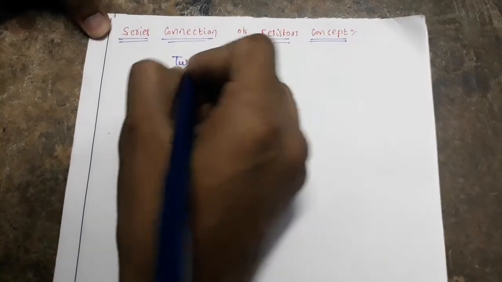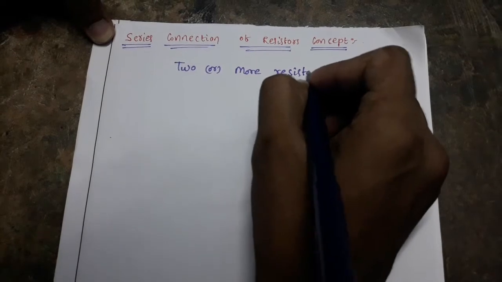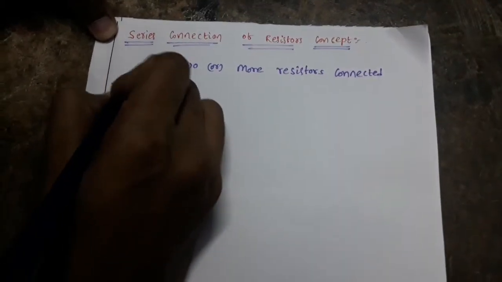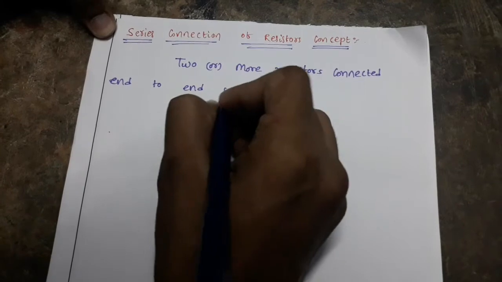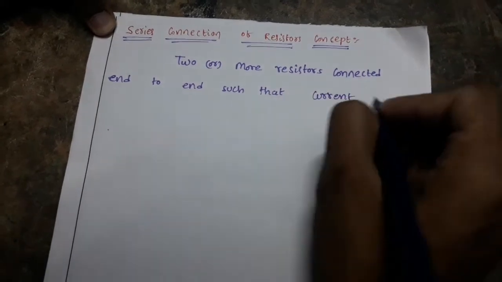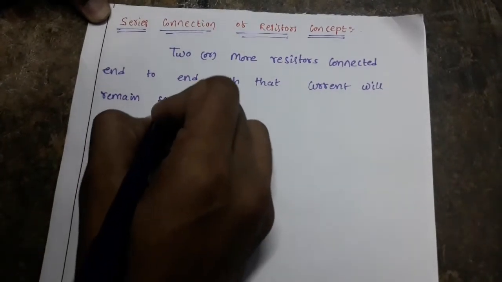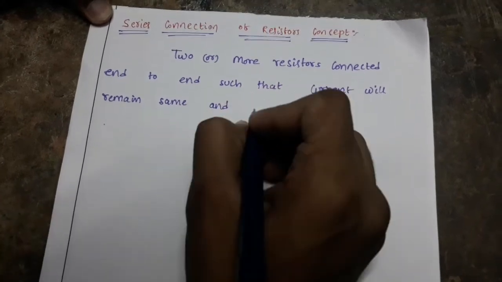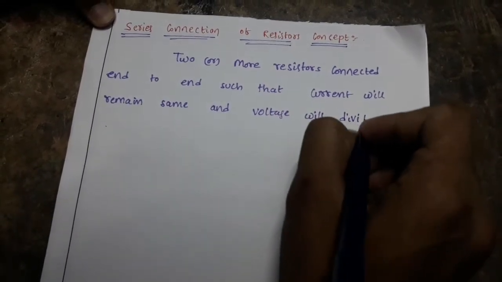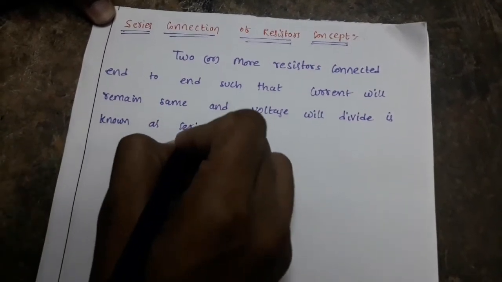Two or more resistors connected end to end such that current will remain same and voltage will divide is known as series connection.